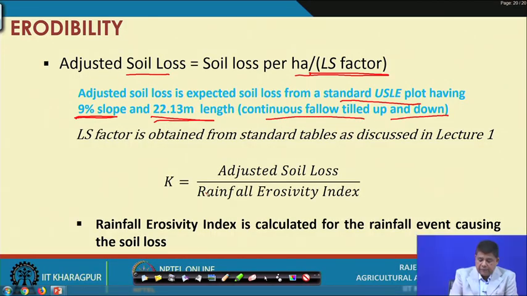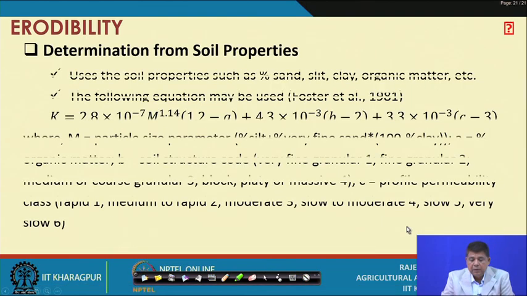So we adjust the soil loss per hectare, which we calculated earlier, by dividing by the LS factor and then dividing by the rainfall erosivity index. That will give us the soil erodibility value. We have already seen how to estimate the rainfall erosivity index. So, using these soil loss values and the rainfall erosivity values, we can find out the soil erodibility for a given experimental data.